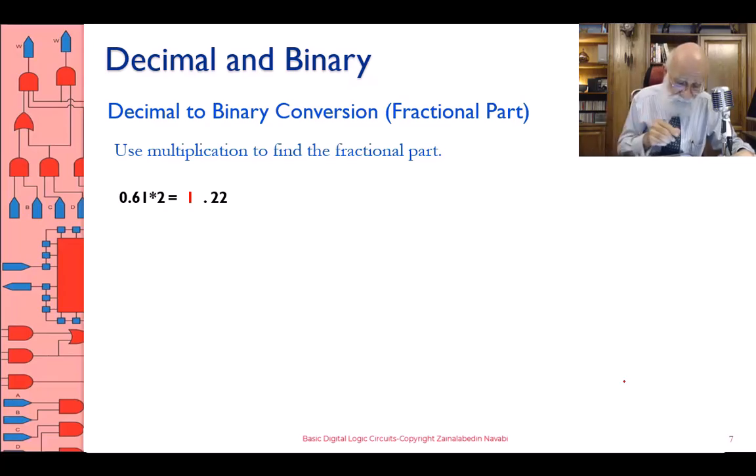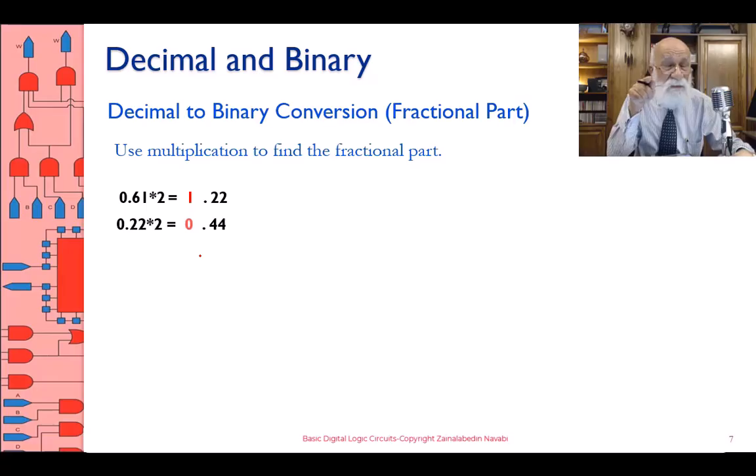Okay, so let's do this. 0.61 multiplied by 2 is 1.22. Drop the 1, not really drop the 1, use the 1 as the digit closest to the binary point. Drop that and then multiply what is left by 2 again.